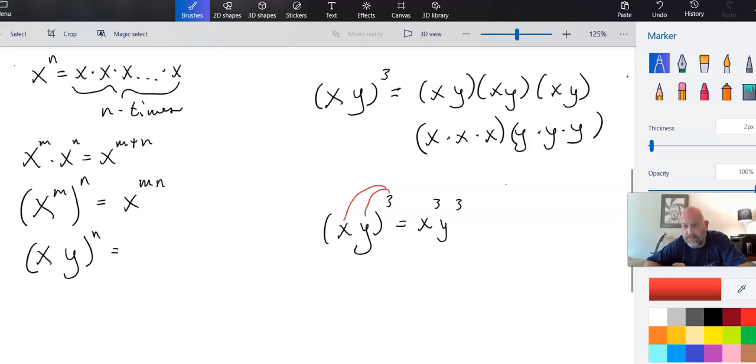And it is a distributive process. Exponents distribute over multiplication just like multiplication distributes over addition. So what you can do here is just rewrite this as x to the n, y to the n.